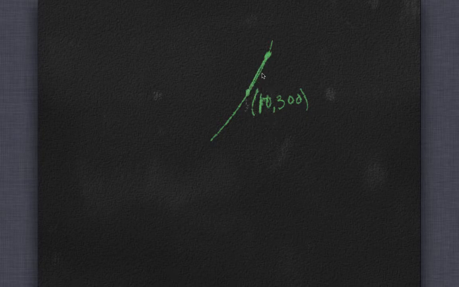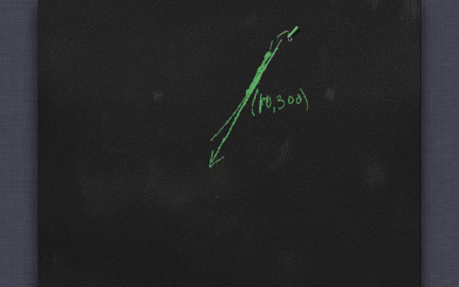But let's assume that I'm right here at 10. So what I'm doing is I started up here and took a secant line. And then I got a little closer and took another one. And then I got a little closer and took another one. And my end goal is to have an instantaneous rate of change, which is this line that's just at 10.